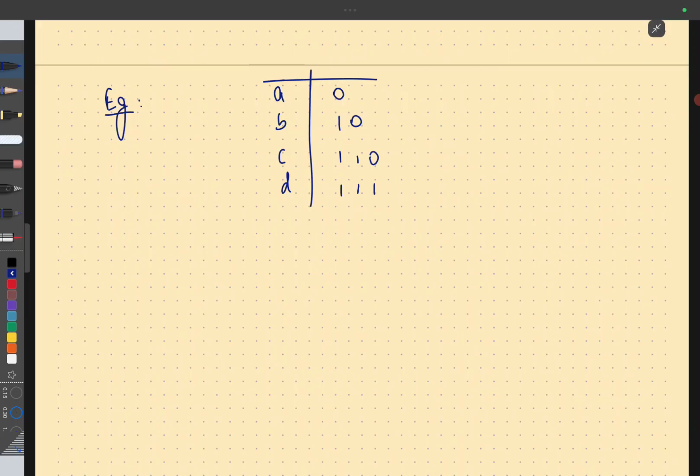Another way of representing this is in the form of a tree. You have a decision tree which looks something like this. This is what I call a code tree. I start from the root.